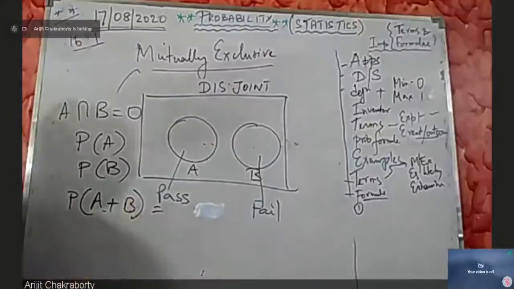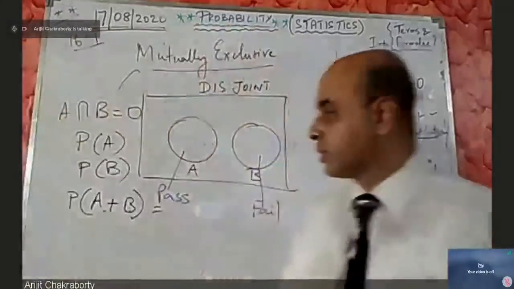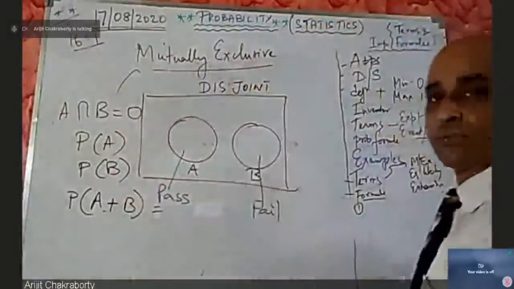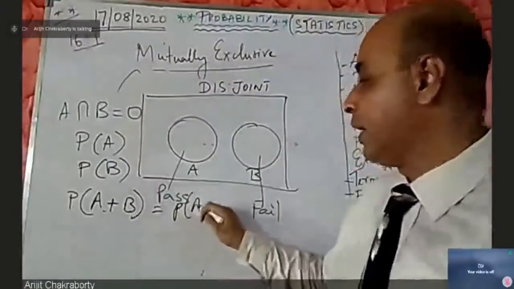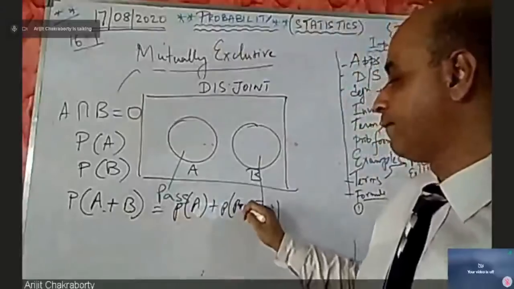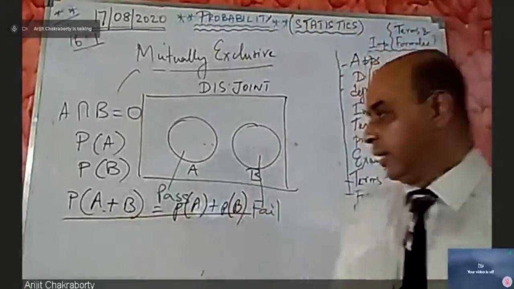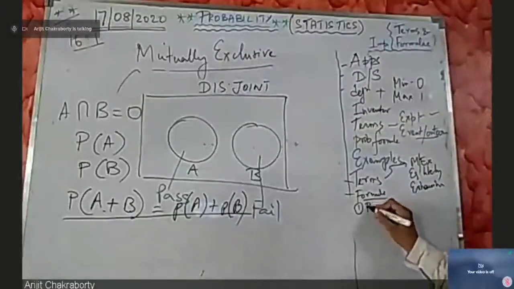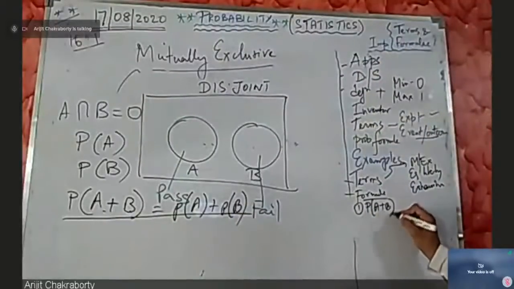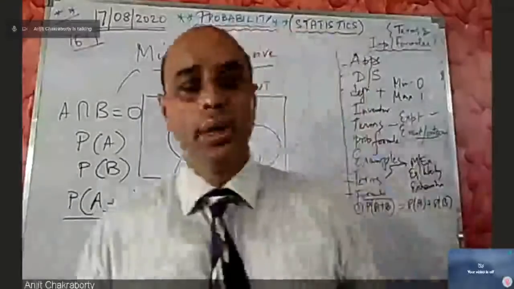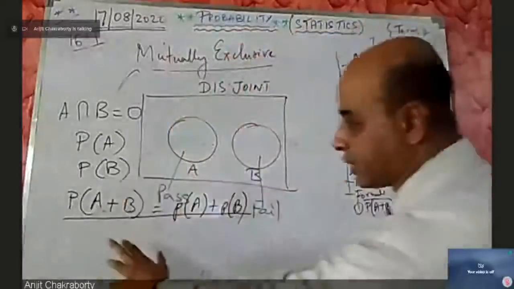P(A plus B). So the formula for two events which are mutually exclusive is PA plus PB. So please keep a note of this. P(A plus B). So the first formula I am also keeping a note of. P(A plus B) equal to PA plus PB.